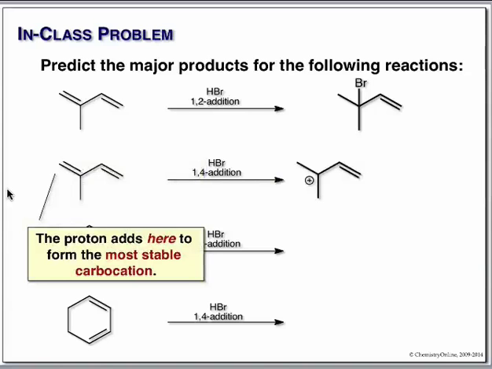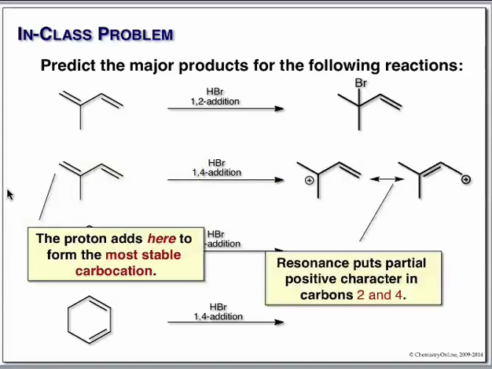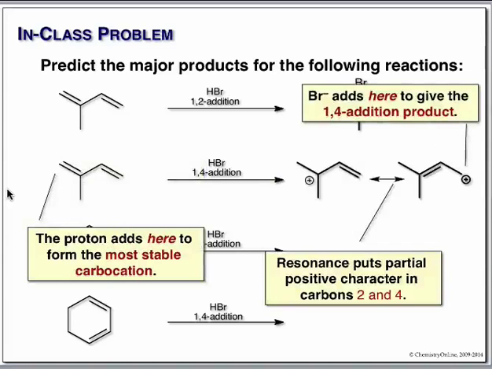However, for 1,4, we remember that this is in resonance with the carbocation out here. And for the 1,4 addition, we simply add bromide to this carbon on the end. The final product should look like this.